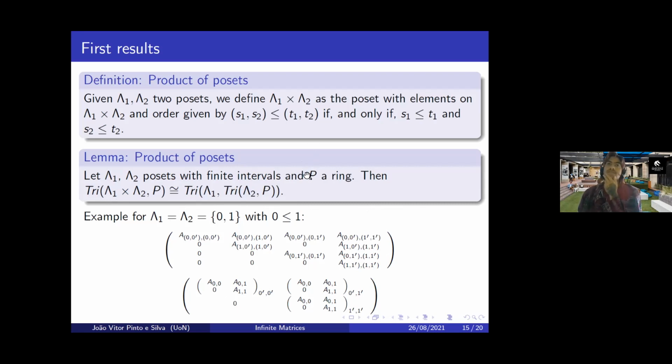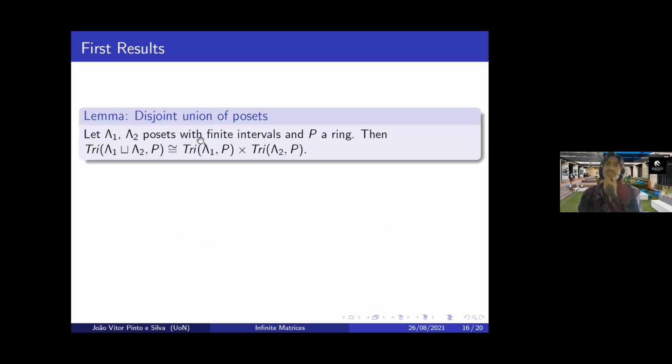And the next result, I think this one was the main one to think about the duality problem. If we have two posets with finite intervals and P a ring, in general, we can define the disjoint union as we defined before. We just put the posets parallel to each other.